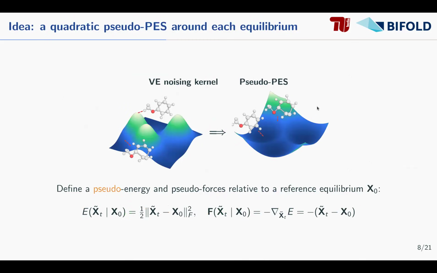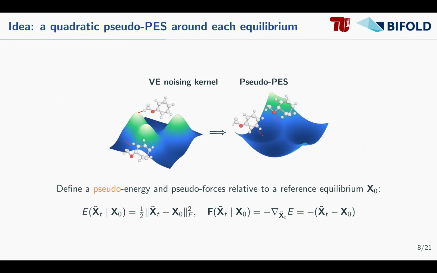Okay, so thank you, Niklas. Now Niklas has already provided us with the key insight that the variance exploding noising kernel of diffusion models is secretly also a Boltzmann distribution for a very simple energy function, where the energy depends on the displacement between the non-equilibrium geometry and its corresponding equilibrium structure.